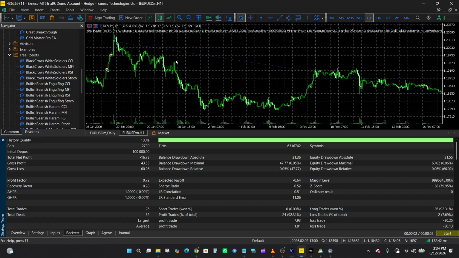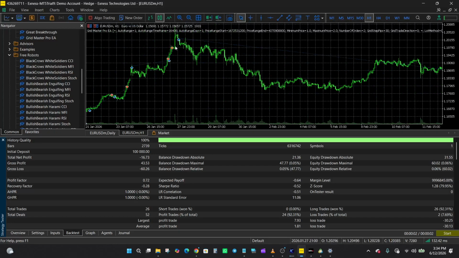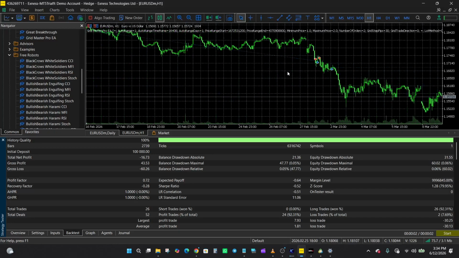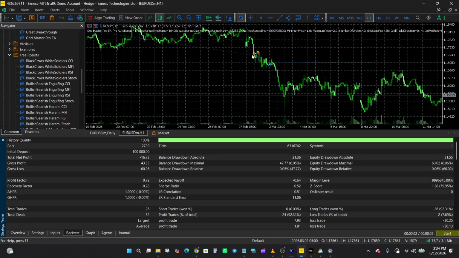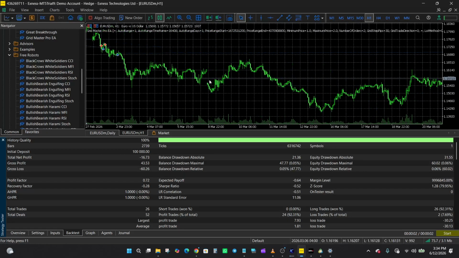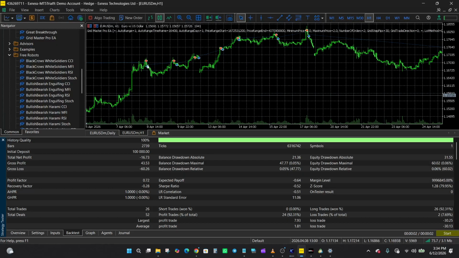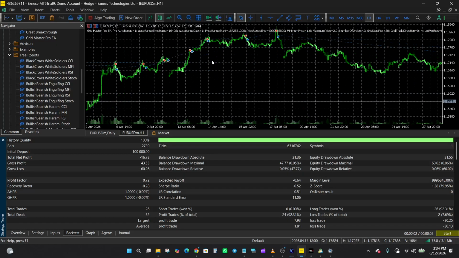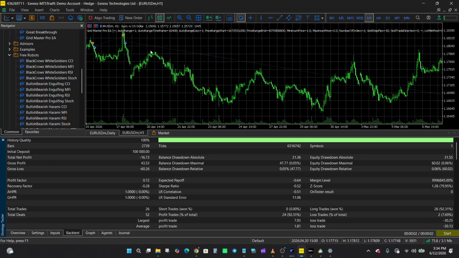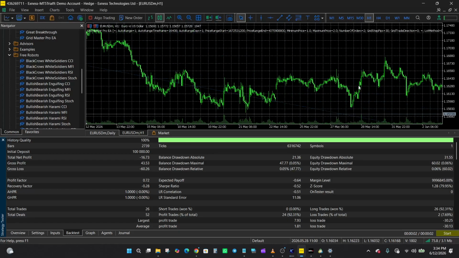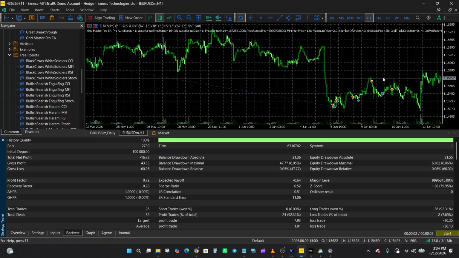You can see this instance here where the trade was opened here and it was actually a losing trade and it was finally closed at this point over several days. But you can see that trades are usually left for just several hours on average, right? But in some cases, you might see the trade holding for a couple of days.